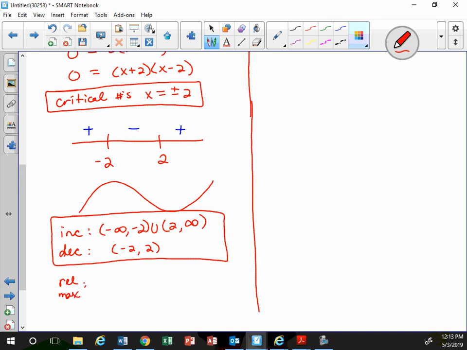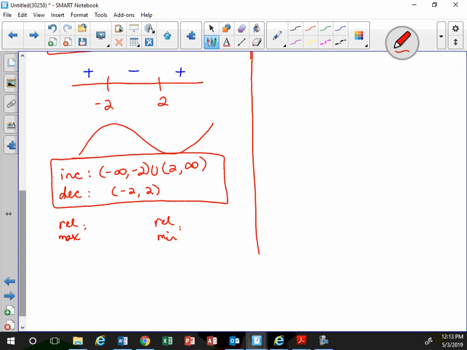Then I asked you about relative max and min. So if it's increasing to -2, what is happening at -2? It's a max. A maximum. How could we figure out what the maximum actually is? Okay, plug in -2 where? The original.